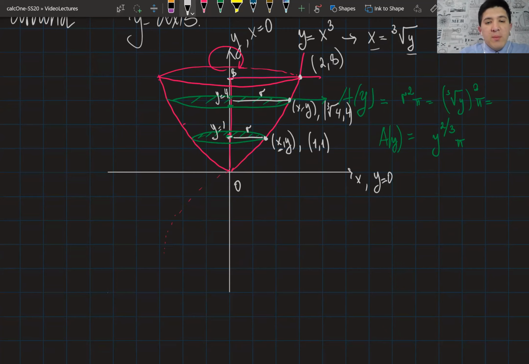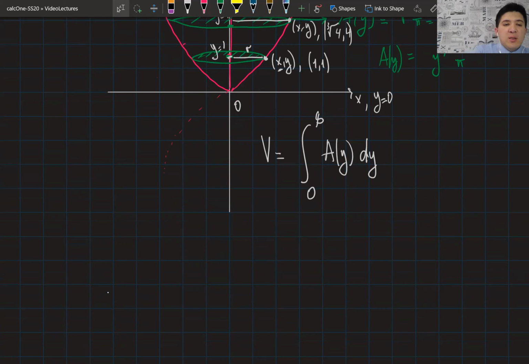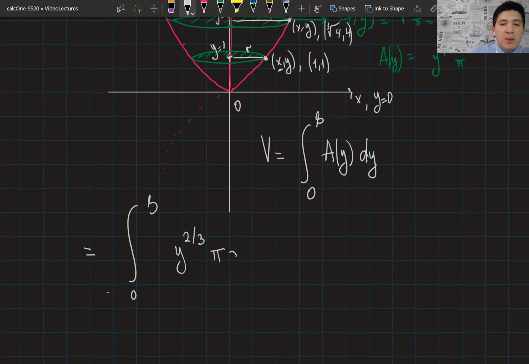So the volume is going to be equal to the integration of the function of the area with respect to y now, and we have to do this from 0 until 8. So y is going to change from 0 until 8. We just need to put everything together here. So this is going to be the integration from 0 until 8 of y to the power of 2 over 3 pi dy.